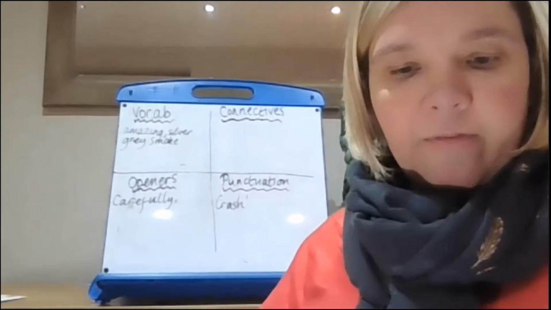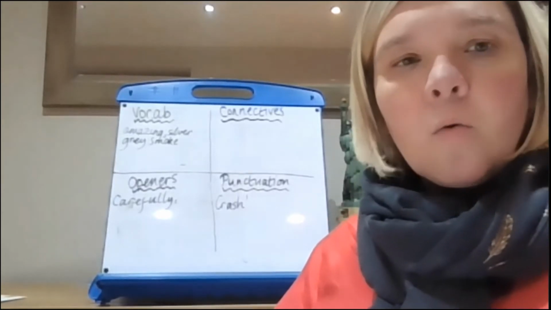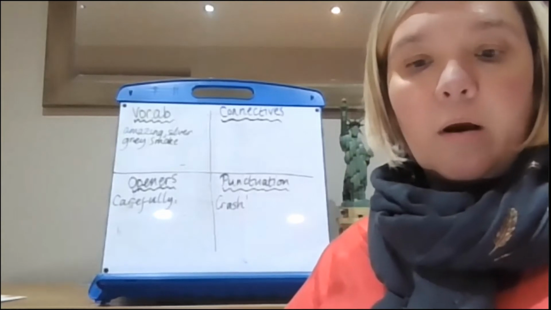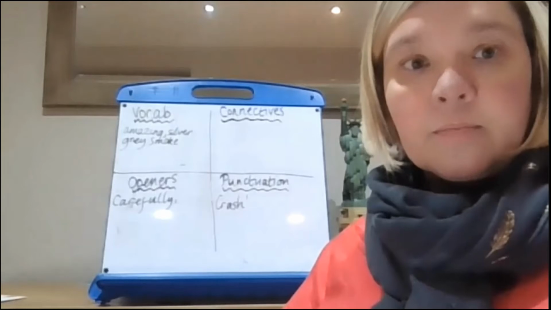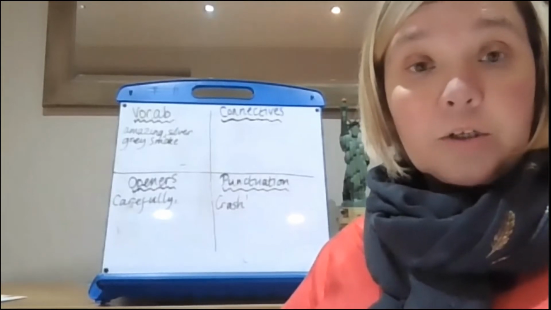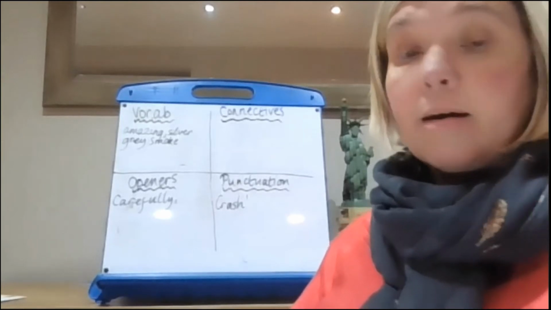That little paragraph finishes, where had he landed this time? What do we need to make sure, if we're asking that question, our sentence finishes with? It's asking a question, isn't it? Okay, where had he landed this time?